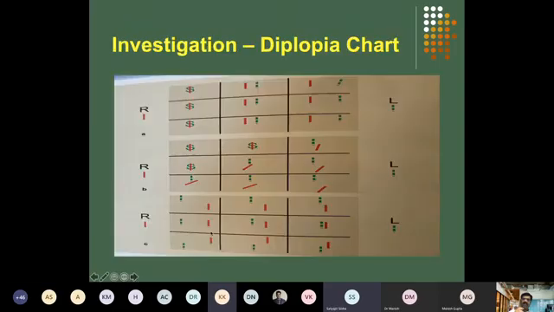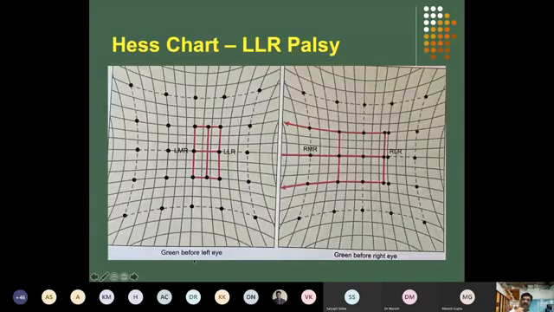Okay. So next, when we have a paralytic squint, we do a diplopia charting, and this is a rough representation of how we chart the diplopia and the Hess chart. In this Hess chart, as you can see, there is a left lateral rectus palsy.